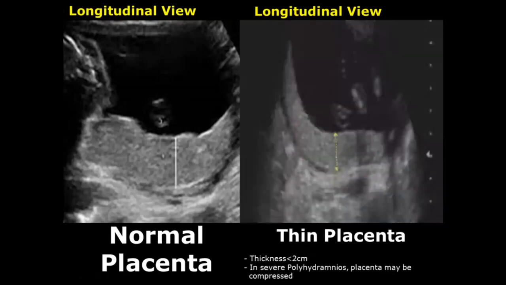In the setting of severe polyhydramnios, the placenta can be compressed and have a thickness falling below 2 centimeters. Then it will be a thin placenta. A thin placenta can also occur with diabetes and hypertension.